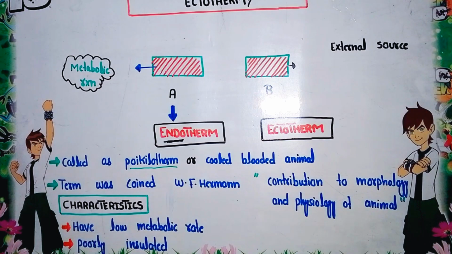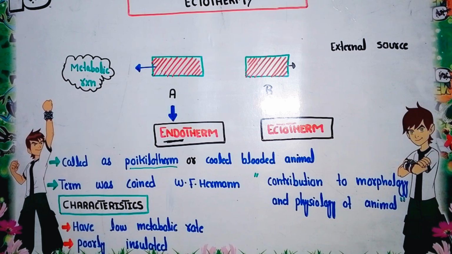In non-scientific writings, poikilotherms are called cool-blooded animals. This does not mean their blood is cooler, because some poikilotherms, such as desert lizards and insects, have a warmer body temperature than endothermic animals. So this is a misconception in the term used for poikilotherms.